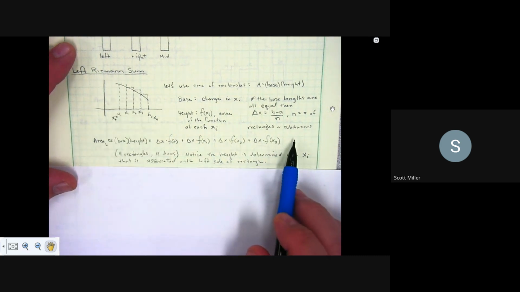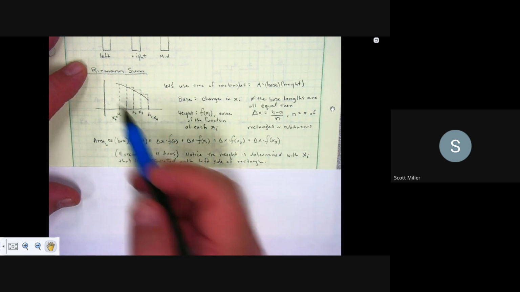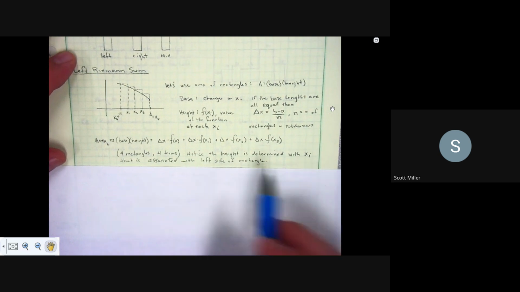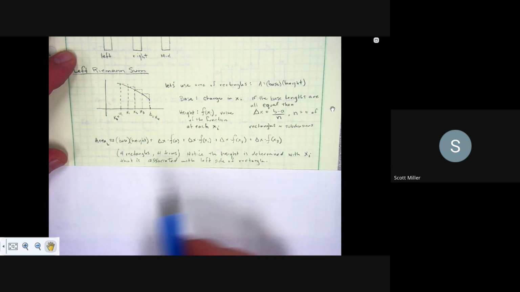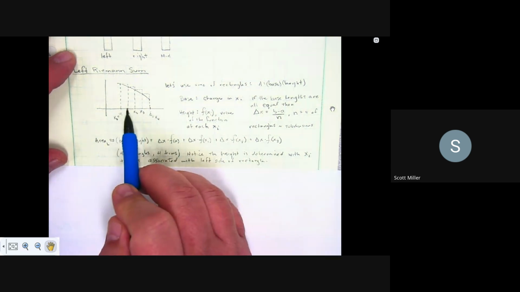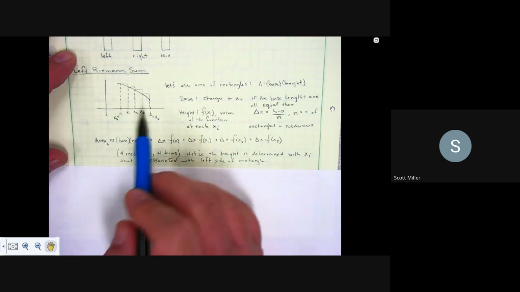When I add them all up, I'm going to get an approximation for the area under this curve. The height is determined by the x sub i associated with the left side of the rectangle. If it was a right Riemann sum, then I would be using the right one, and so forth. So let's look at this problem that I have right here, and I'll show you how we can do this one all the way through.